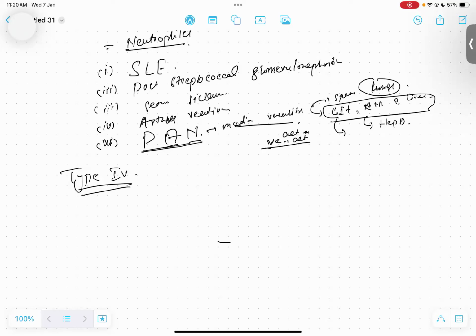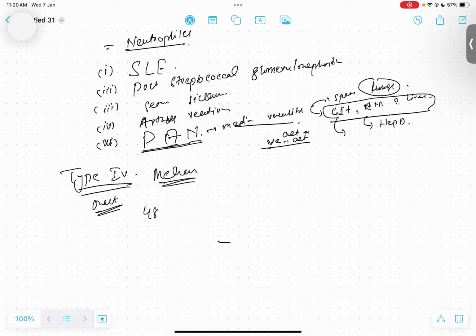Okay, clear now? Yes. So the mechanism of type 4: first discuss the onset.